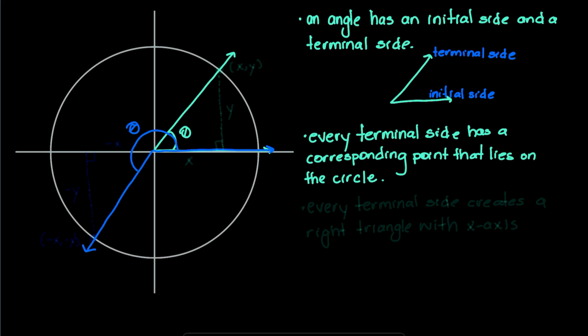So for example, the first angle that we created, on its terminal side, that point where that ray intersects the circle is some corresponding (x, y). Same with our other angle that we have in quadrant 3. Its terminal side has a corresponding coordinate point. And we know in quadrant 3, x's are negative and y's are negative. We want to keep that in mind the more we study the unit circle, that is an important part of that coordinate point.